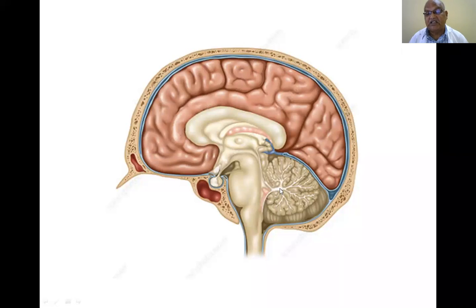In the section of the cerebellum, you see a branched tree-like pattern of white matter surrounded by gray matter, with central white matter as stems extending into the branching pattern.